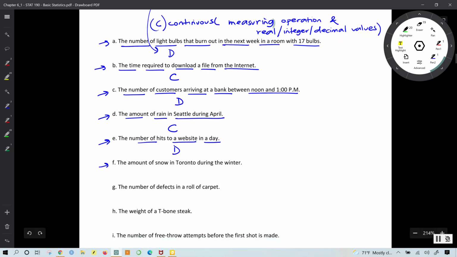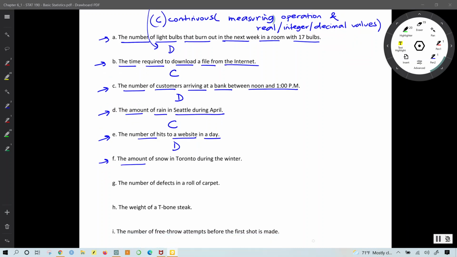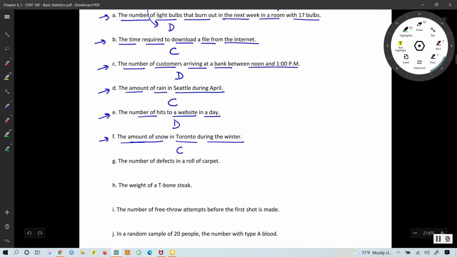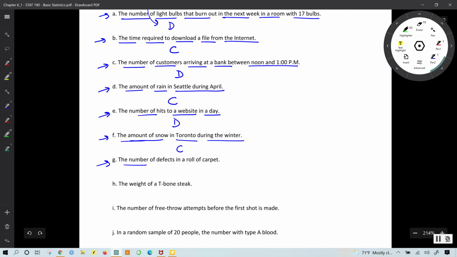Then question F. The amount of snow in Toronto during the winter. That would need to be measured, and that makes it a continuous random variable. Then for question G, the number of defects in a roll of carpet. We can count that. That would make it discrete.